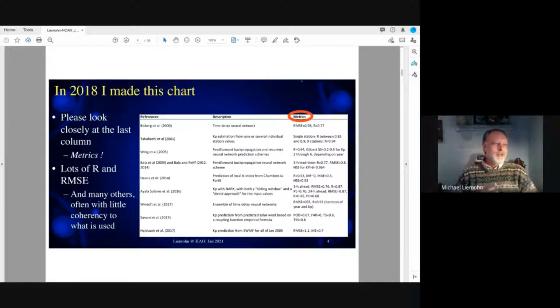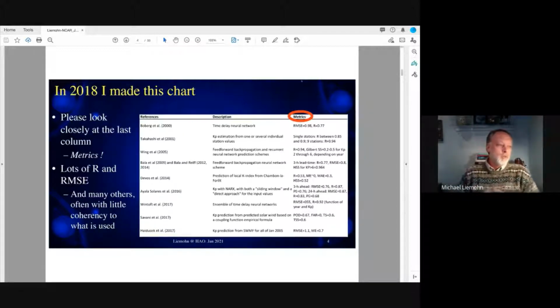On this, we had several big tables in our review of how people use data model comparisons in their validation efforts of models that predict geomagnetic indices, in particular Dst, Kp, AE, AL, and several others that we included in that review chunk of the paper.